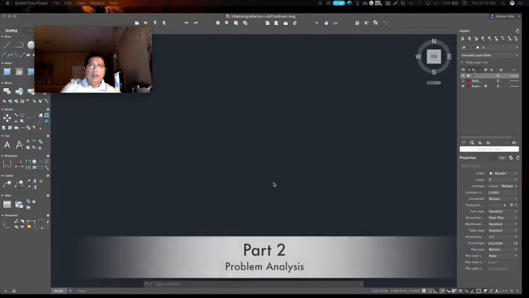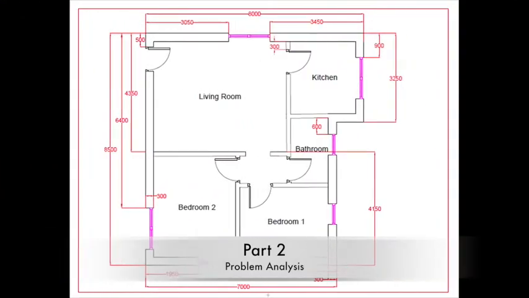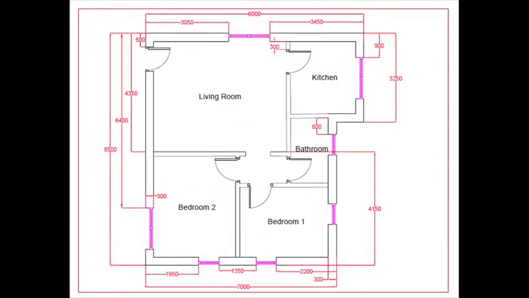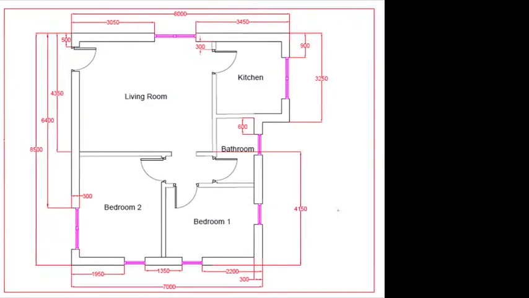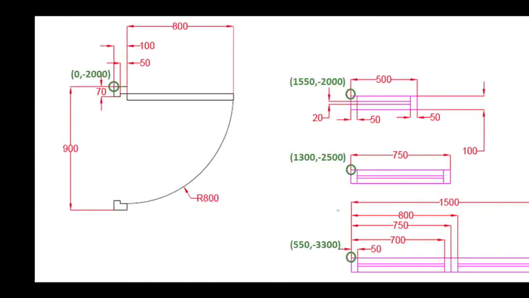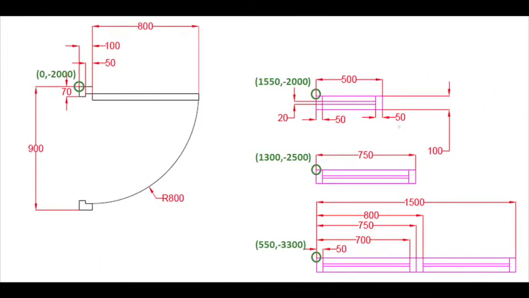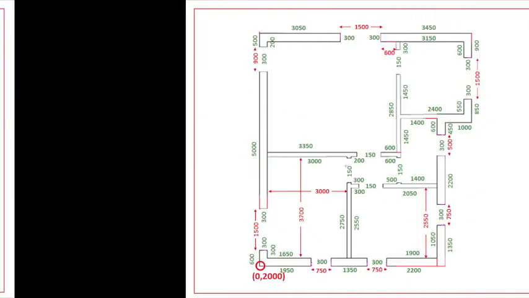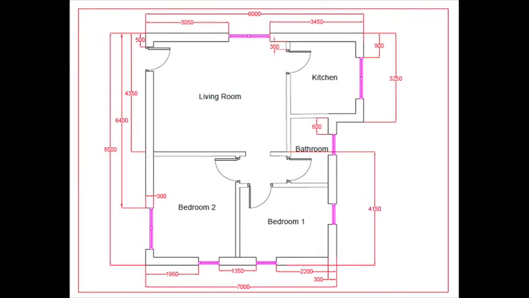So looking at the given floor plan, we can see that there are lots of missing details. For example, the sizes of the rooms are not given, and where to place the smallest window, this 500 window. As you can see, there are three types of windows.